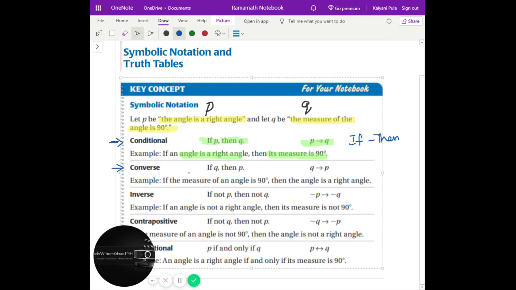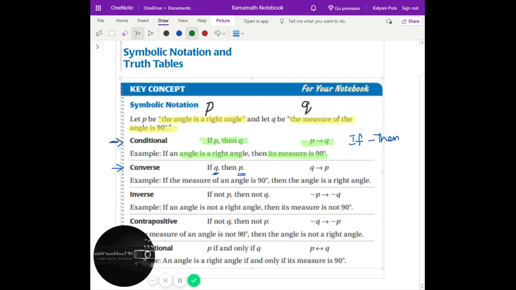Converse is basically you flip the statement: if Q, then P. The first was P, then Q, but this one is Q implies P. In words: if the measure is 90 degrees, then it is a right angle.